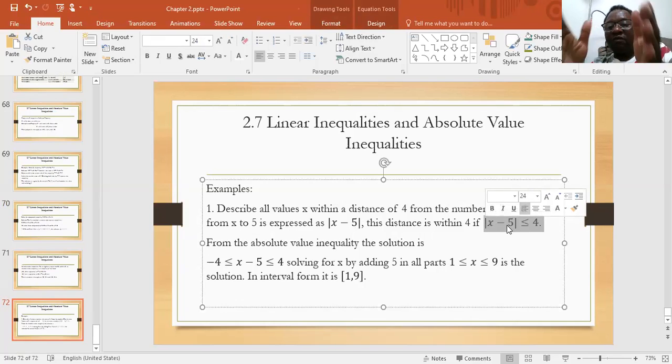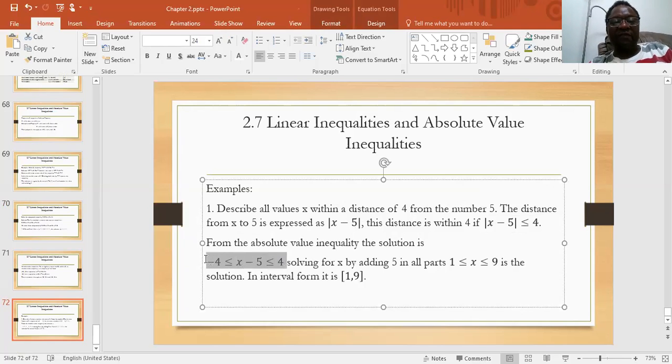If you have absolute value of anything less than or equal to a positive number, you can enclose that thing between the negative and the positive of that number. You see, we have absolute value of x minus 5 less than or equal to 4. Using the inequality for absolute value, it means minus 4 is less than or equal to x minus 5, less than or equal to 4. So we can solve this. Look at what I will do here.